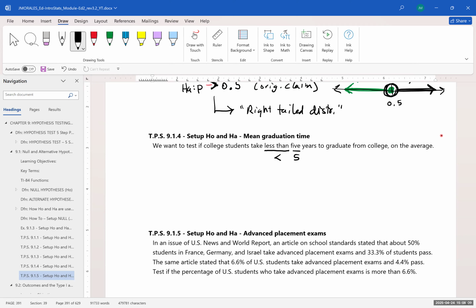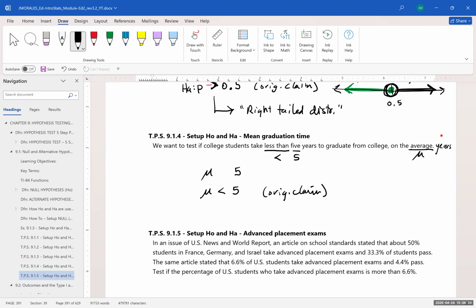And so we're looking at average years, so that's going to be population. So we're going to have mu less than 5. And because I've been getting away from this, I want to make sure to label this as the original claim first.